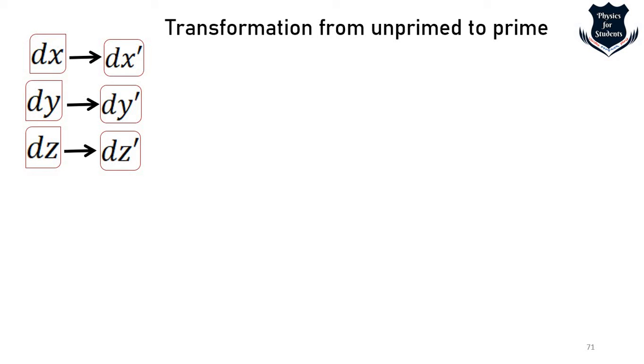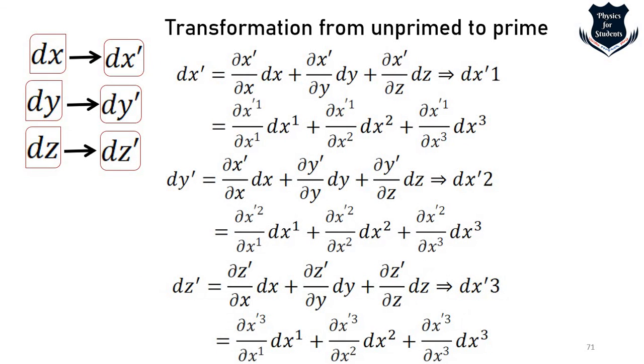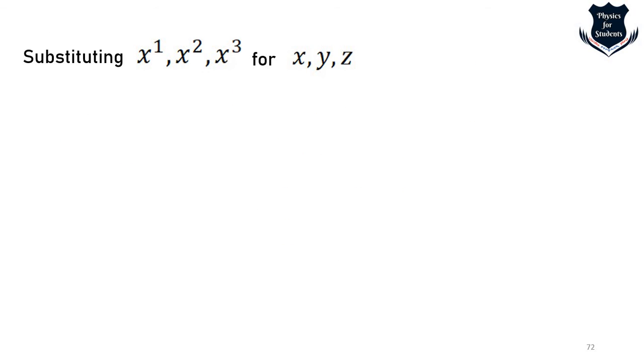So we use the index notation, and you can later do this calculation. This is from the unprimed to the primed, and we will take forward these dx primes in the next slide. Now, using this index notation, that is substituting.